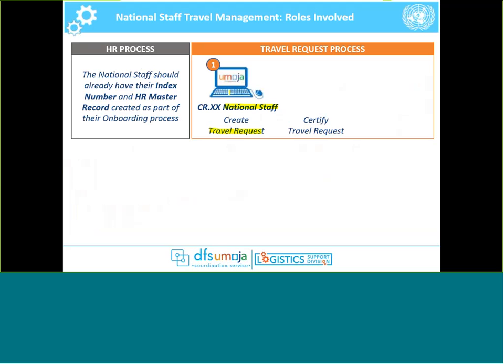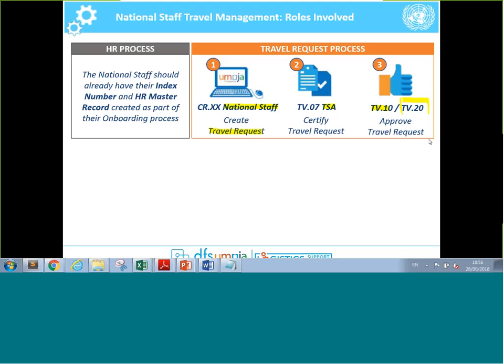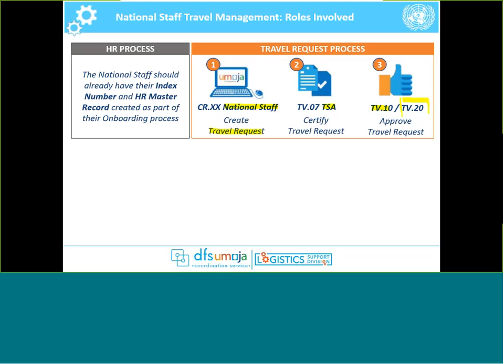And then the approval process remains the same, certifying officer and the TPO, right? The TV10. We have changed the roles a little bit. So now we have introduced a new TPO, right? This TV20 is new because of this deployment.